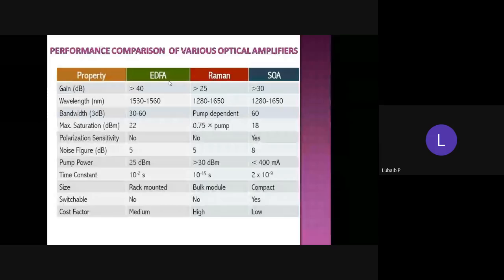Noise is a key factor in the semiconductor optical amplifier; compared to semiconductor optical amplifiers, the noise is less, around 5 dB, in the case of TDFA and Raman amplifier.